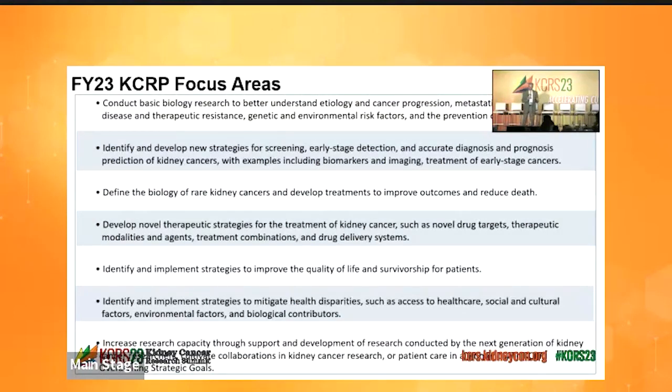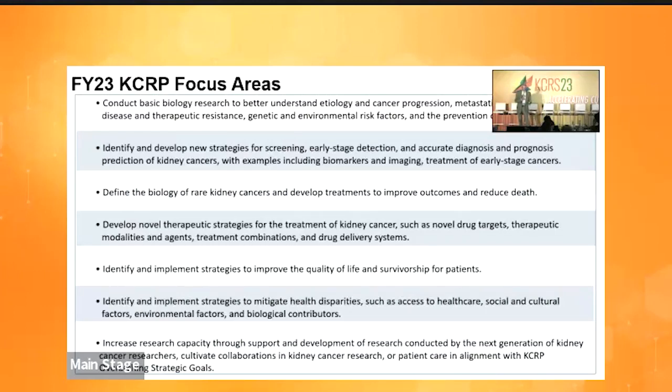That's very important. And we don't get a lot of applications for that, but we look for applications for that. Identify and develop new strategies for screening, early stage detection, accurate diagnosis and prognosis prediction, including biomarkers and imaging, and treatment of early stage cancers. Again, an area that we feel is underserved. We want to encourage a lot of applications in that area.